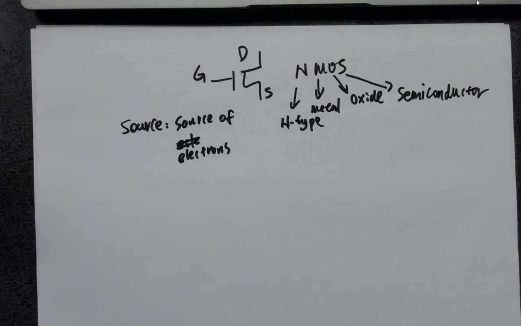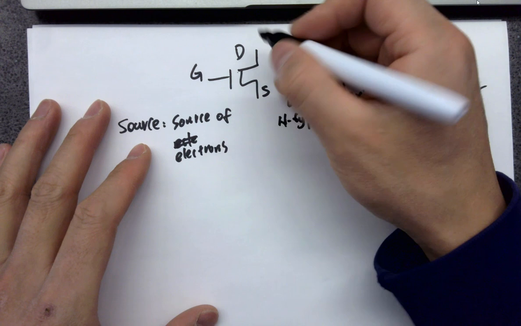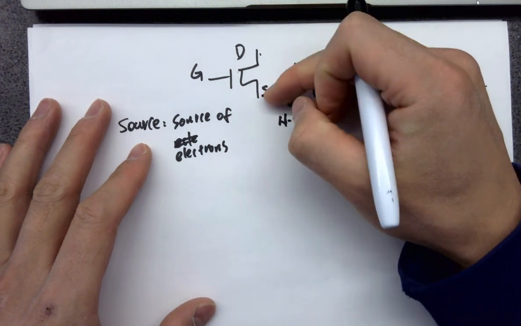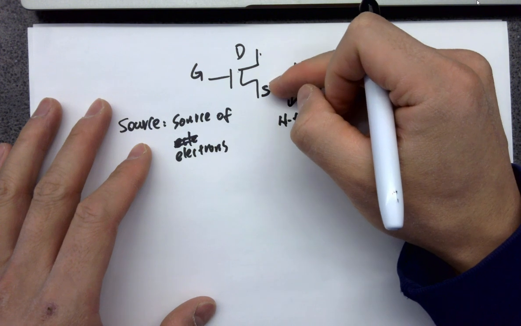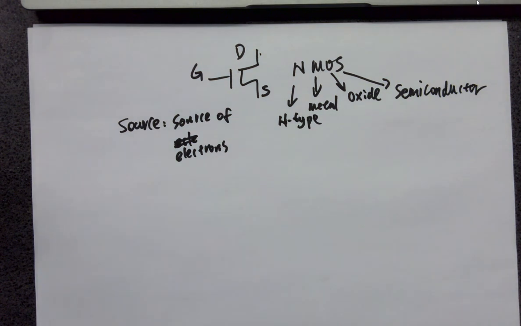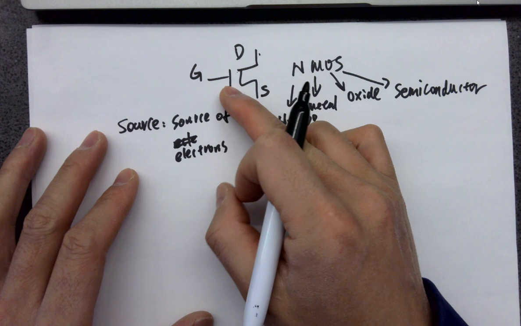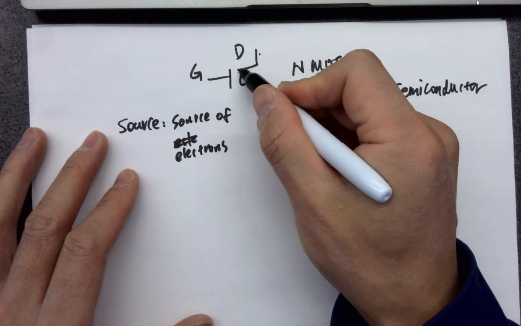So voltage drop from drain to source. Makes sense. So in that case, you need a positive voltage drop from here to here in order to push current from drain to source. But basically what's really going on physically is electrons are flowing from source to drain. That's how that works. And the gate is providing an electric field from the gate to the substrate.